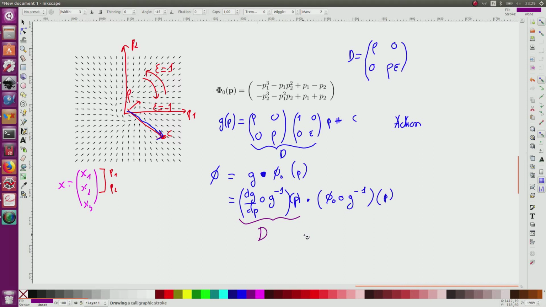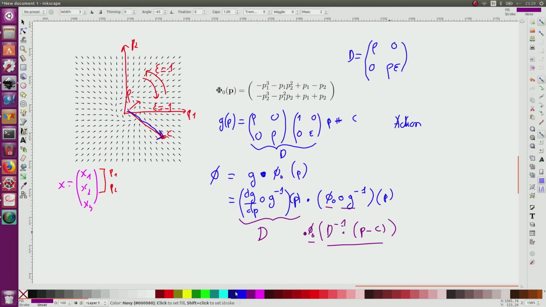Multiply the same, and here the inverse is easily obtained. It is D minus 1 multiplied by P minus C, so obtained by isolating P in this expression. So here, sorry, multiplied by phi 0, so phi 0 here is here, and this corresponds to this.